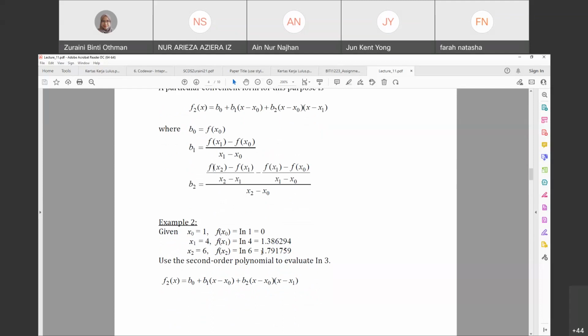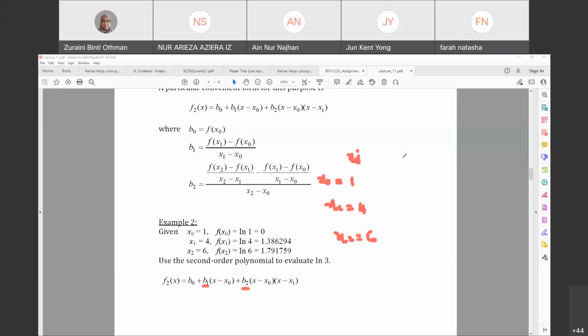Okay, now if you have this kind of data, we have B0, B1, B2. Sekarang kalau kita guna table tu, kita kena calculate B1, kita kena calculate B2. So now, here we have our xi, which is x0 sama dengan 1, x1 sama dengan 4, and x2 sama dengan 6.